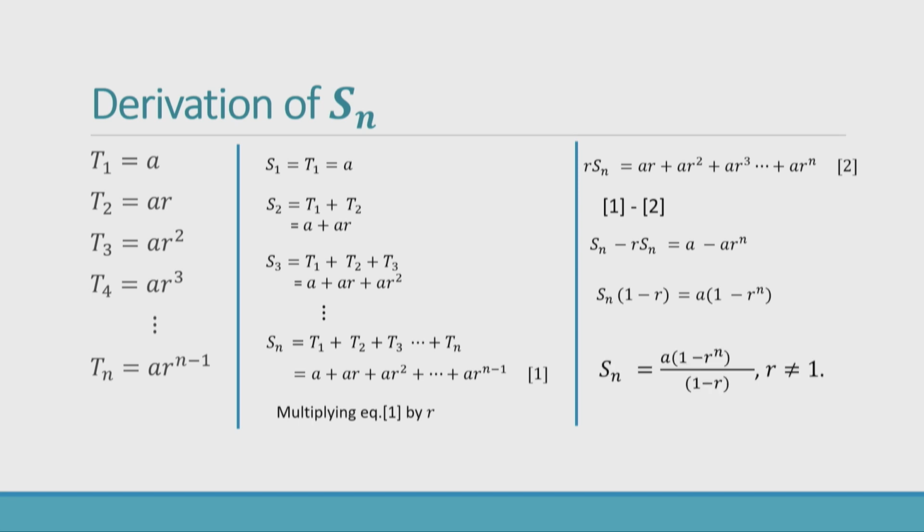So Sn will be A into 1 minus R power n divided by 1 minus R. And this is our formula for Sn, the sum of the first n terms in a GP. But remember, R should not be equal to 1 because we cannot divide by 0. If R is 1, then my denominator will be 1 minus 1, which is 0. And division by 0 is not possible.